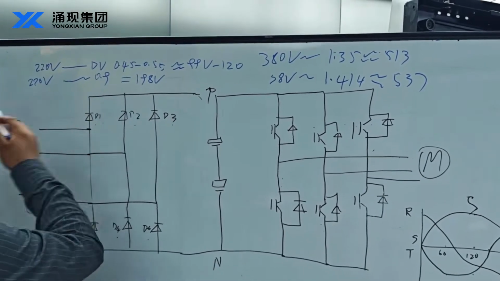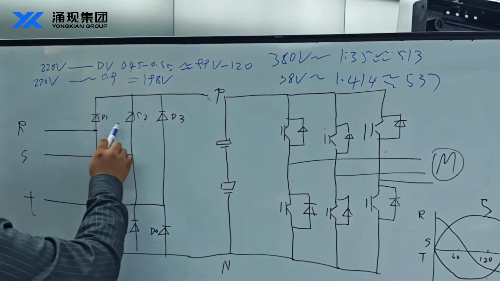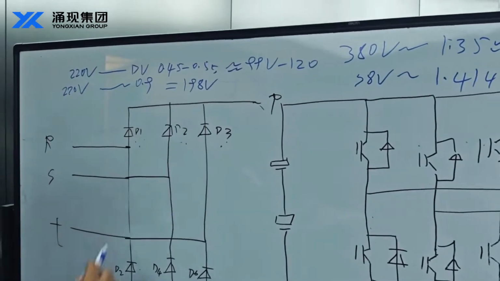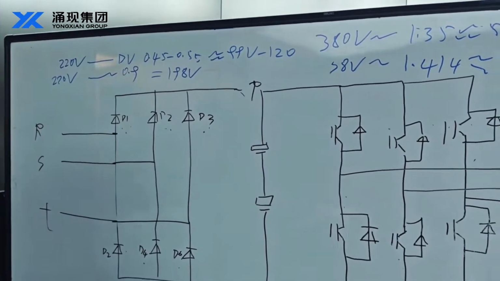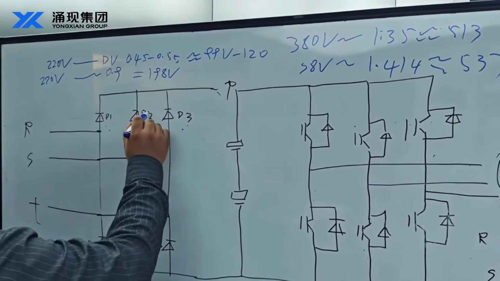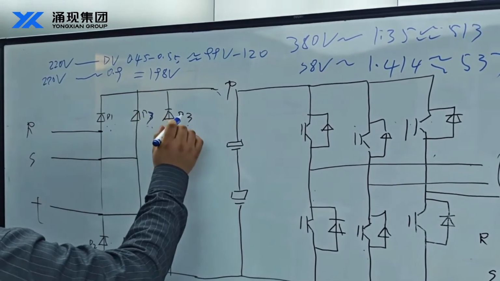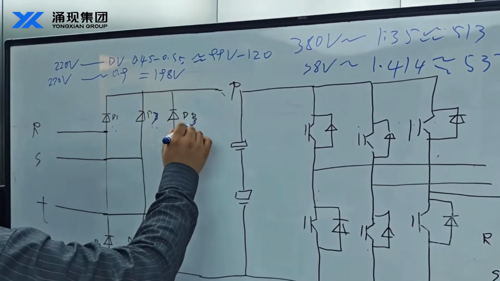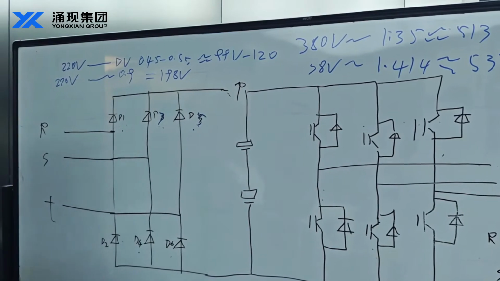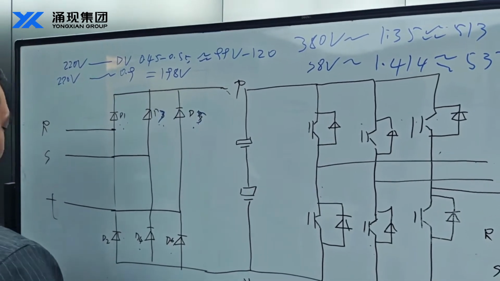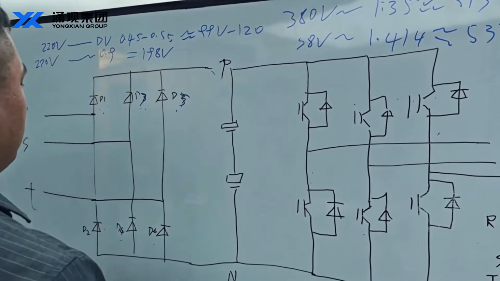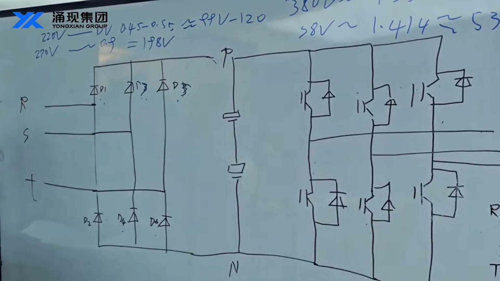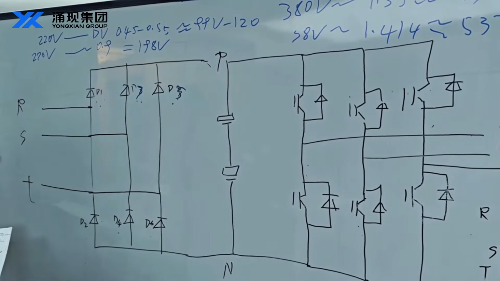In the three-phase rectification process, for the upper bridge diodes 1, 3, 5, the one with the higher voltage conducts. For the lower bridge 2, 4, 6, the one with the lower voltage conducts.